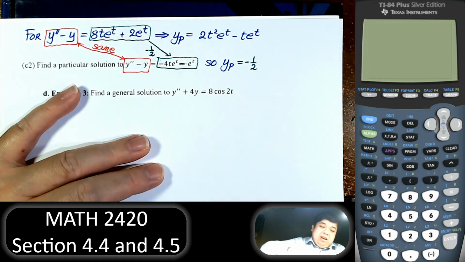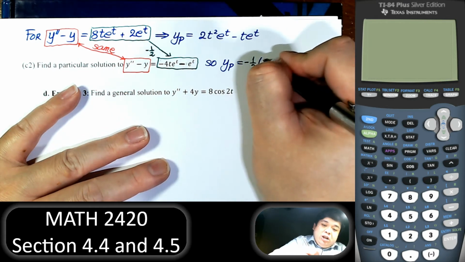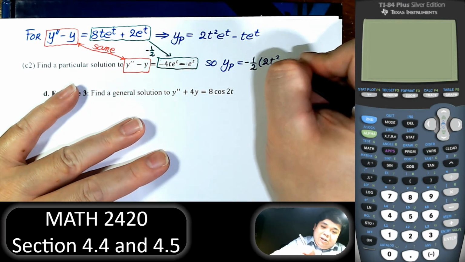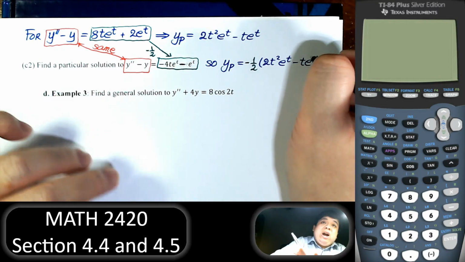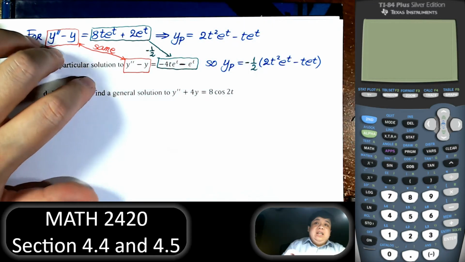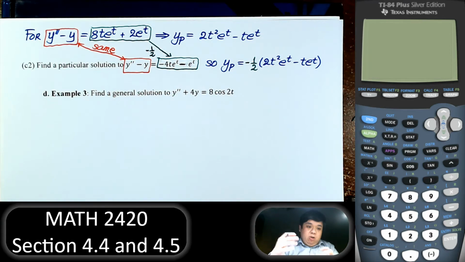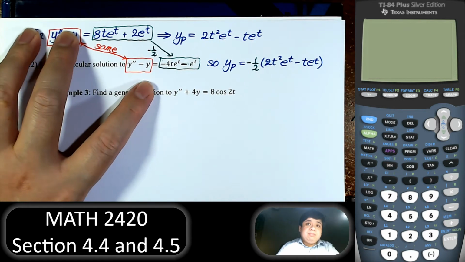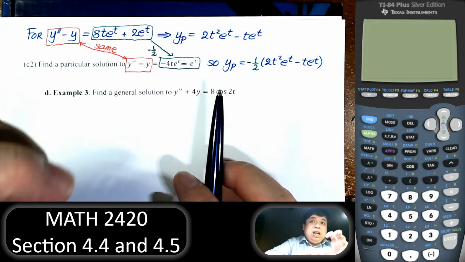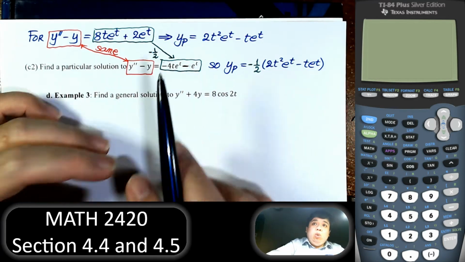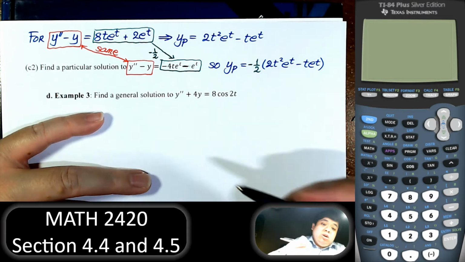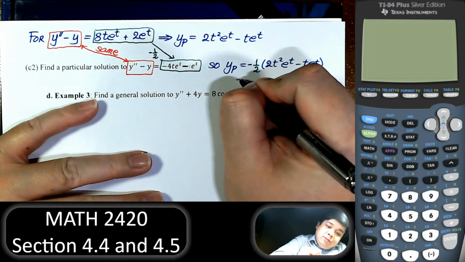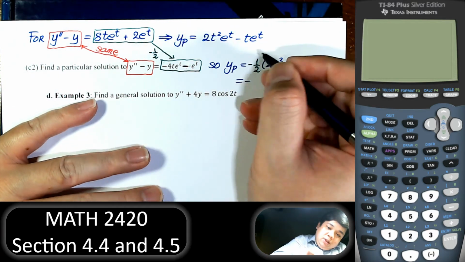And this is the superposition principle. As long as the left hand side is the same, if we have a linear combination of the right hand side, we will have the same linear combination for the particular solution. That cancels out.